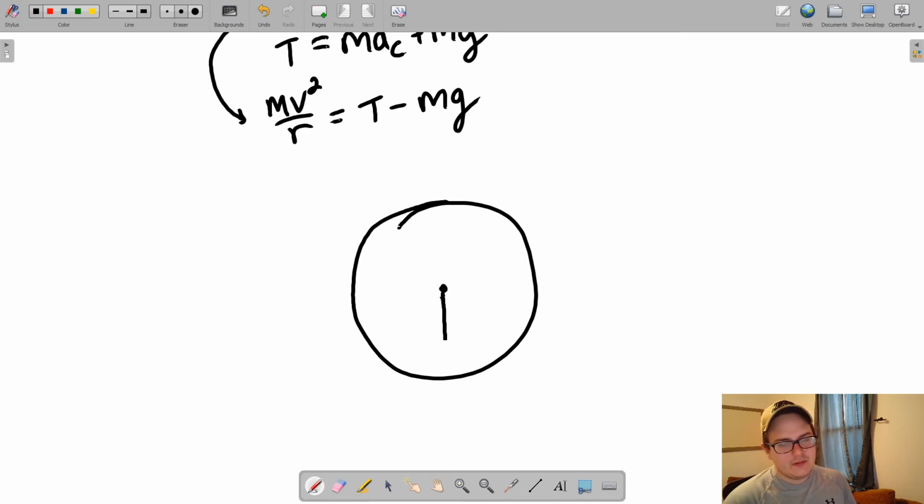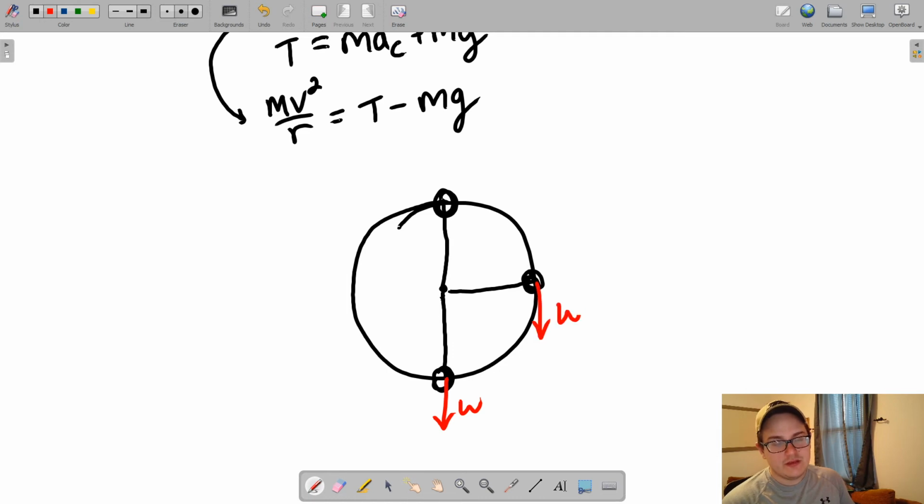And then down here in the bottom, what is going on at these three different locations? If we look at our free body diagram for all of these, weight is going to be downwards. Remember, you can also say force due to gravity. And then tension is always going to be going inwards.